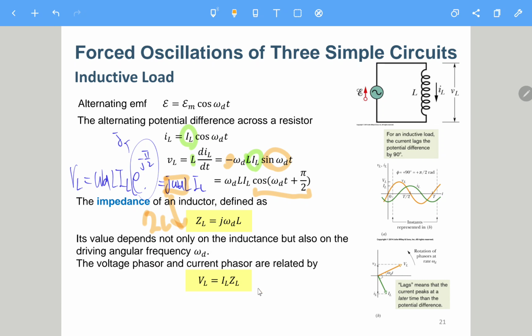So this is our objective. We make it like V_L equals I_L Z_L, V_C equals I_C Z_C, V_R equals I_R Z_R.